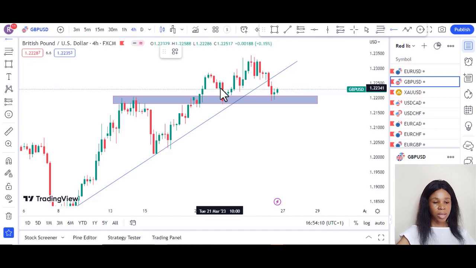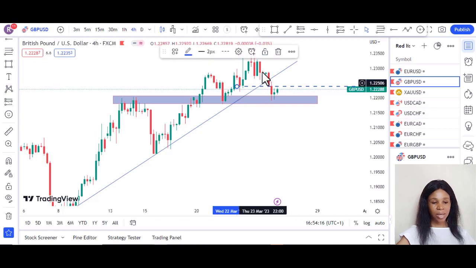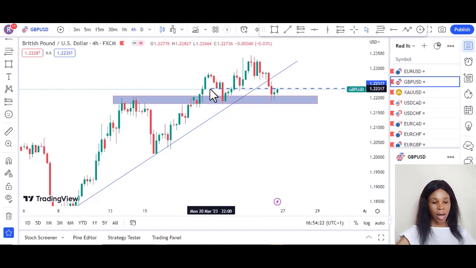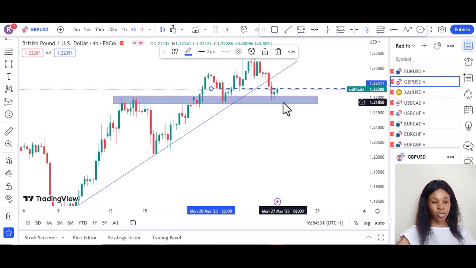As you can see, there is a structure here that price has taken off from with a momentum candle. So if we extend it, we can have this. There's a break of trend and a break of structure, but where price is currently sitting is a strong zone because I've tested it a couple of times.